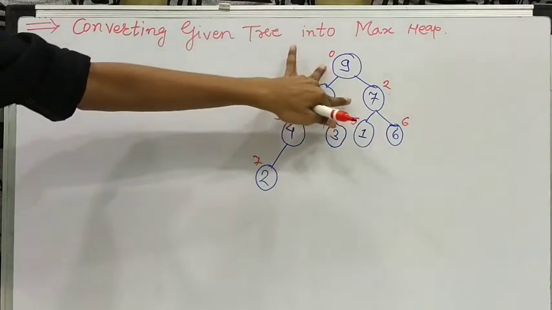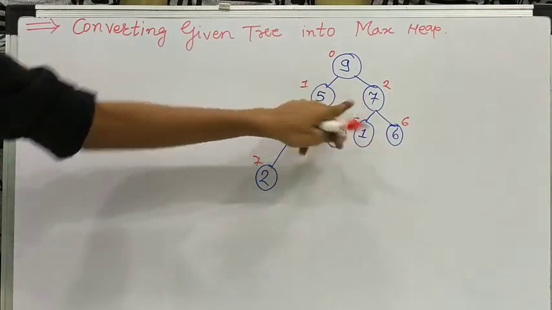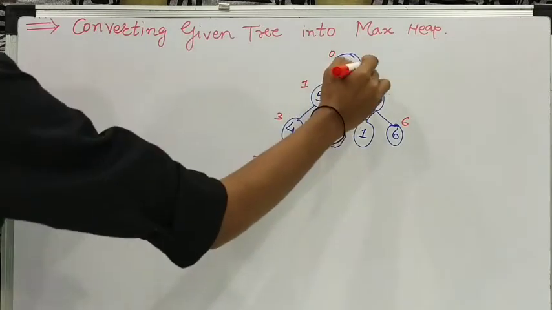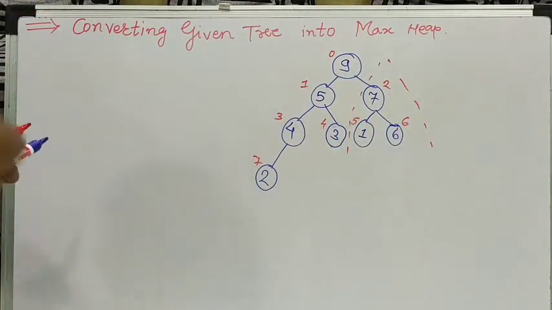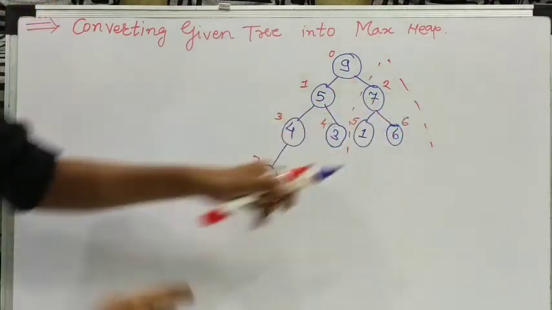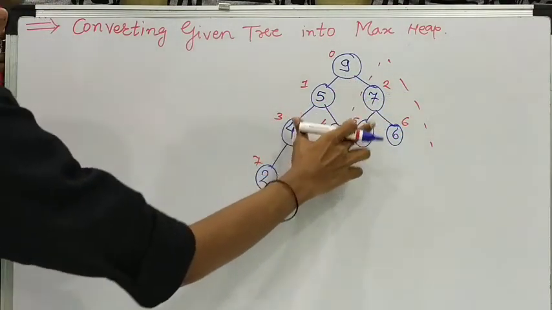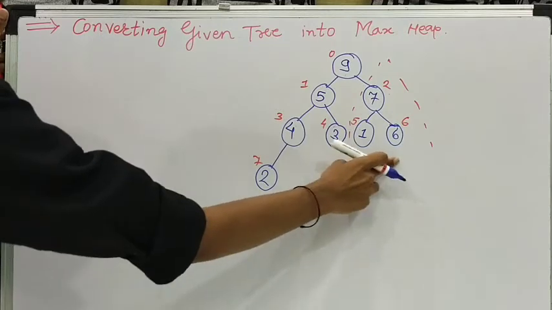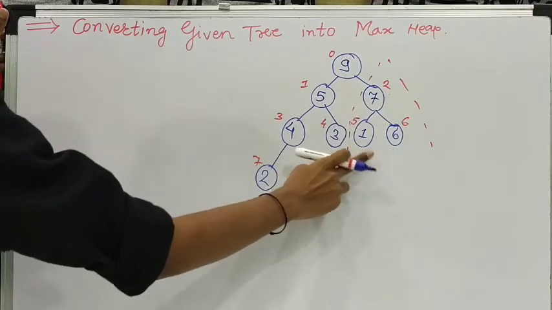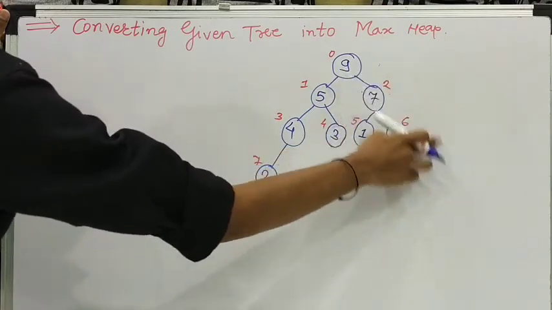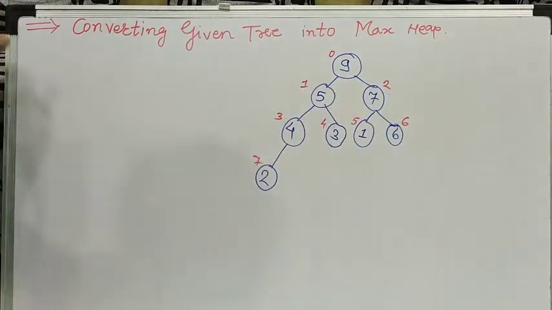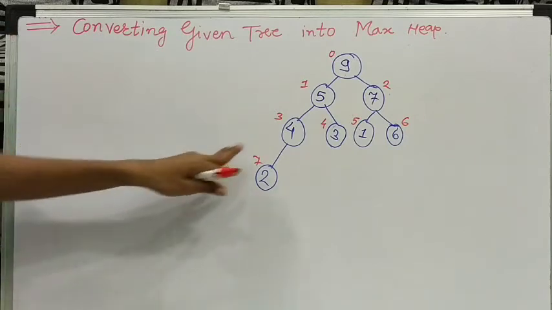As I have swapped these two elements, I have to check this subtree again, whether it is a max heap or not. Compare this 7 with its child nodes. The child nodes are lesser than 7, so no issue. Now we are done with our max heap. We have converted the given almost complete binary tree into the max heap.